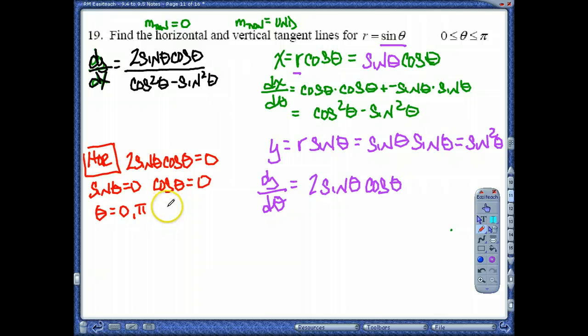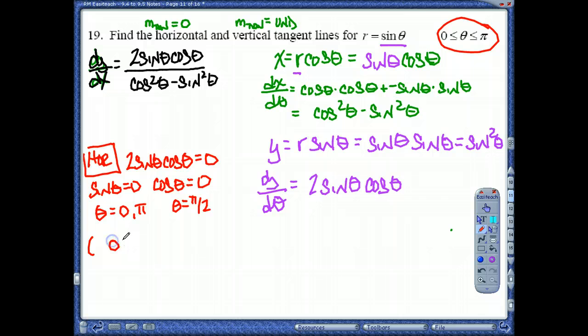Cosine is equal to 0 at pi over 2. It's also equal to 0 at 3 pi over 2, but remember our interval, we're only going from 0 to pi. So these are my thetas. I need to now write them in the form of a point. So find where they are horizontal tangent. You're going to put them in the form of r comma theta.